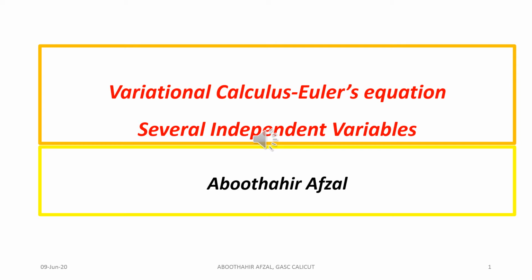As we were discussing the various applications of Euler's theorem, where the functional f depends on one dependent variable and one independent variable, and also we have discussed several dependent variables.